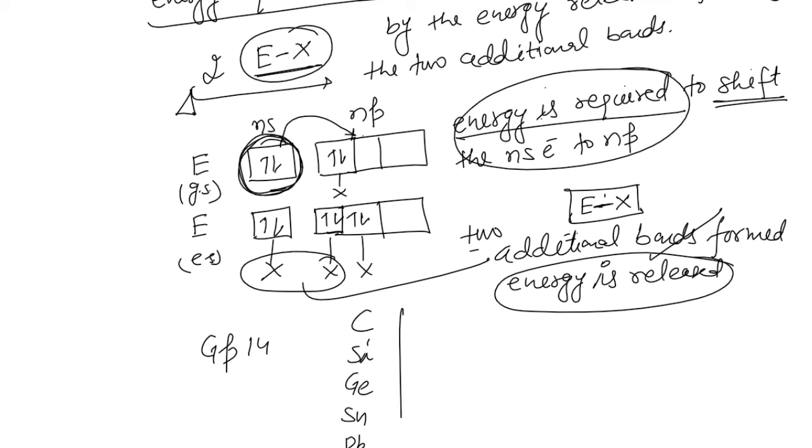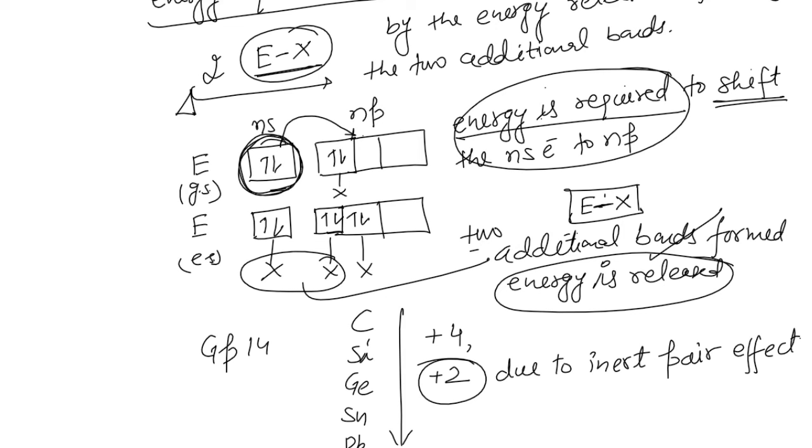As we go down the group, the group oxidation state is +4, but as we go down, +2 becomes more stable due to the inert pair. So in the case of lead, Pb2+ is more stable than Pb4+. That's all about the inert pair effect.